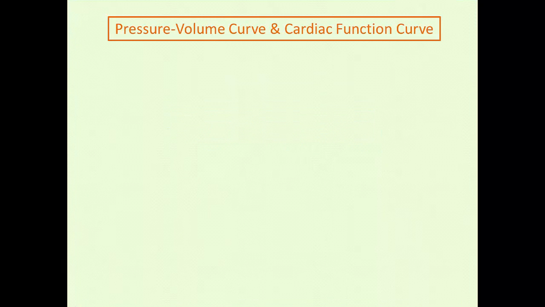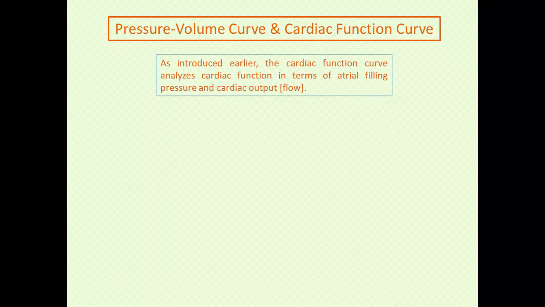All right, so the Sagawa pressure-volume curve and the cardiac function curve. If you're just tuning into part 3, go back and watch part 2, or else this isn't going to make much sense. But as I introduced in the last portion, the cardiac function curve, the cardiac response curve, or the Frank-Starling curve, analyzes cardiac function in terms of right atrial filling, which is a surrogate for stretch, and bulk flow.